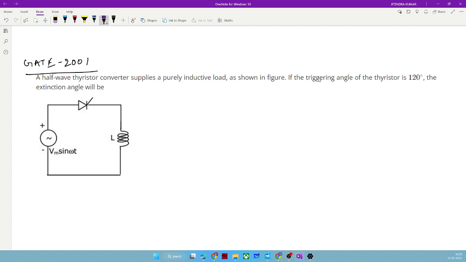They have made it a bit complicated, and the triggering angle is 120 degrees. So alpha is 120 degrees. They are asking for the extinction angle, beta.